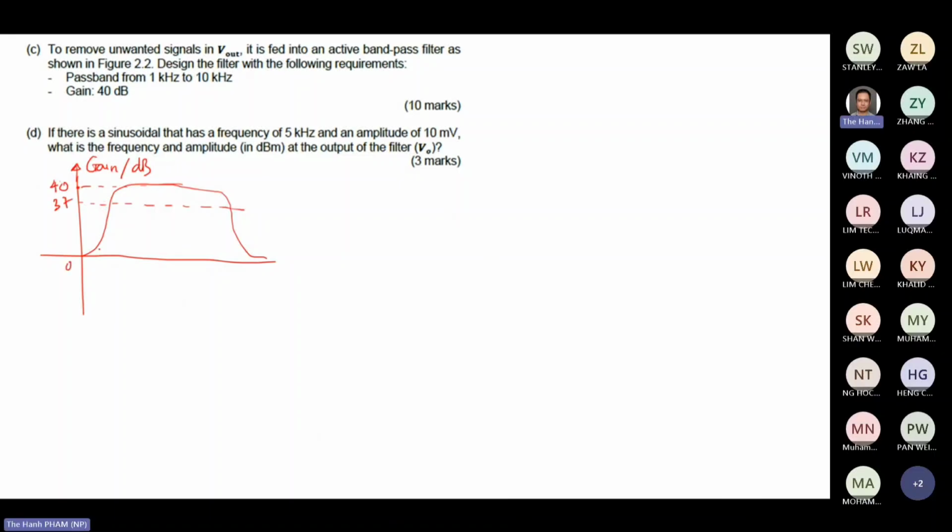At this 37 dB gain, you have two cutoff frequencies. This F1 should be 1 kilohertz, and this F2 should be 10 kilohertz.